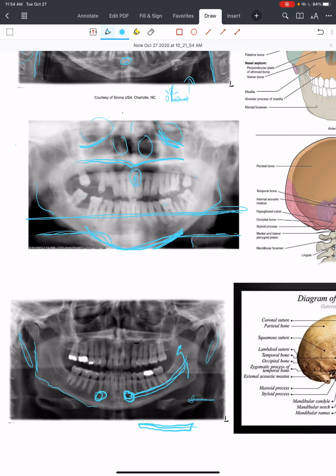Superior to the canal, we can see the articular fossa and the coronoid process here. And we have the zygomatic arch, which kind of passes through them, which makes it easier to see the articular eminence, the protrusion of the bone.